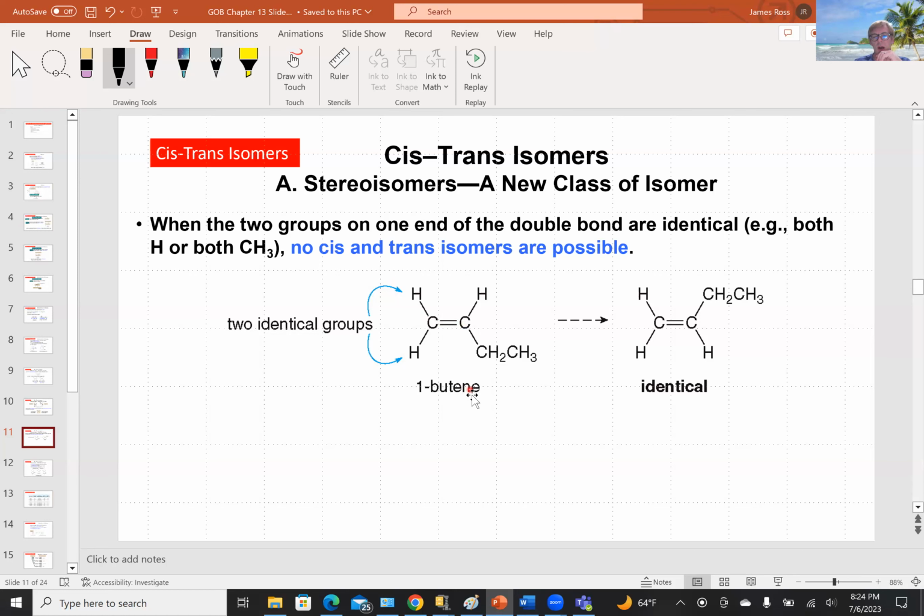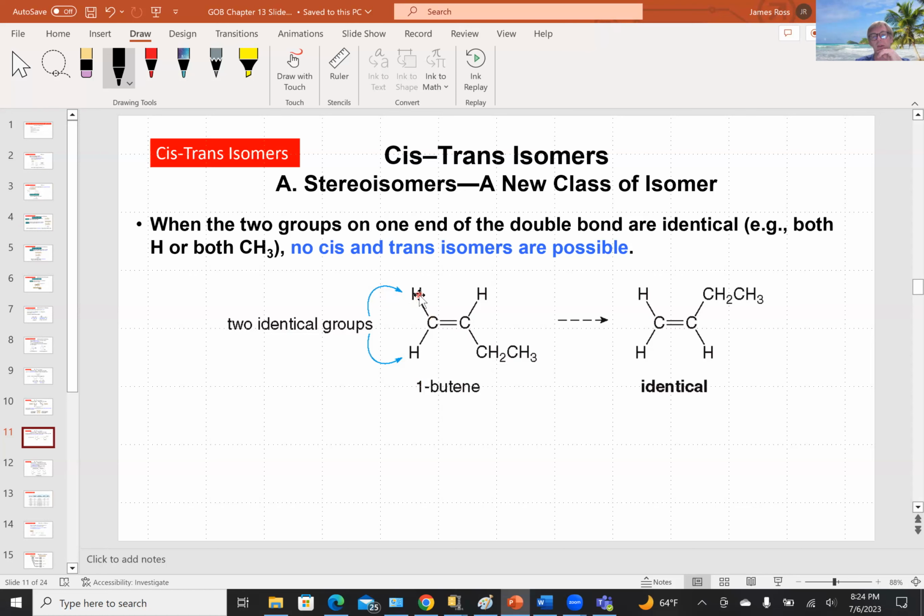If you were to break the double bond, illegally twist it, and then reattach it to form this structure, it would actually be identical to the previous structure. So there are no cis-trans isomers of 1-butene. Don't think that every alkene has a cis-trans isomer.